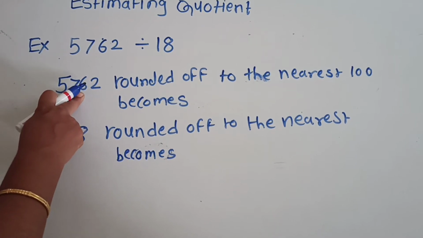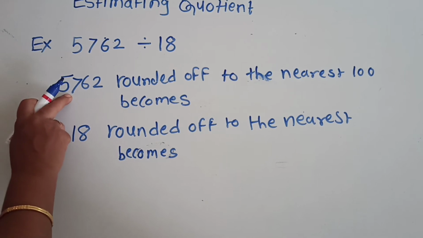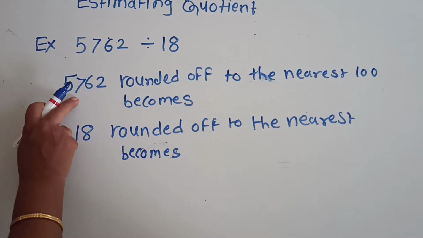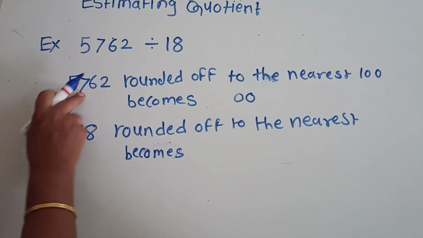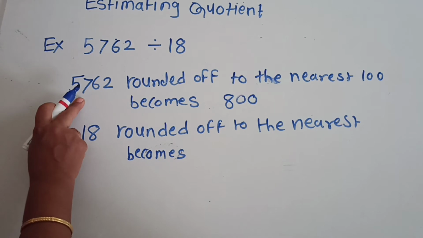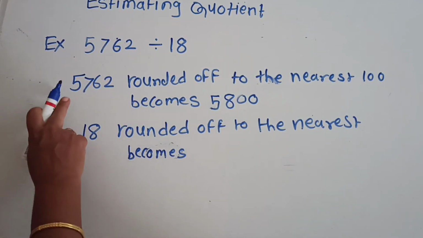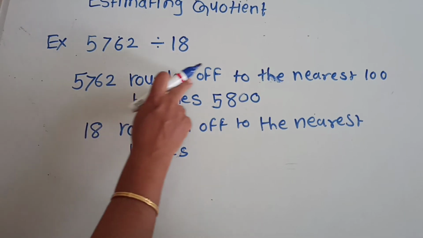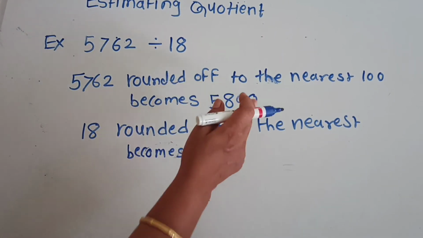It is 6 and it is more than 5. So add one in the 100 place, 7 plus 1 is 8, and ones and tens places are 0, 0. The 5000 place stays as it is. So 5762 rounded off to the nearest 100 becomes 5800.